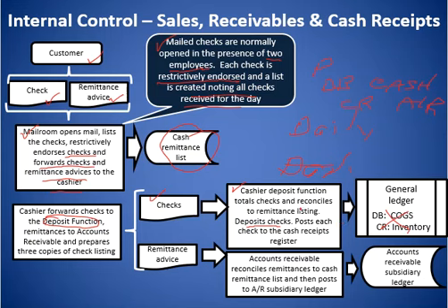Now, a copy of the remittance advice that came off of the check goes to the accounts receivable department. Accounts receivable reconciles remittances to the cash remittance list. Remember, we made several copies of that list, and then posts those remittances to the accounts receivable subsidiary ledger.